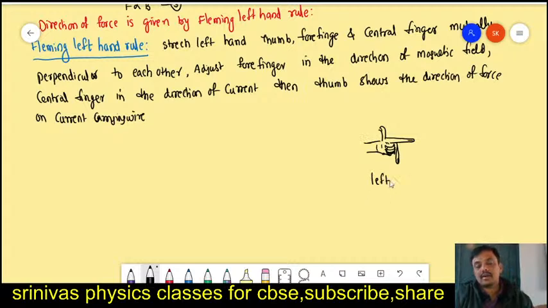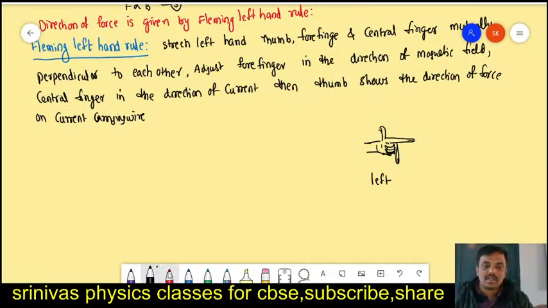You have to stretch like this: left hand, forefinger, central finger, thumb. They should be mutually perpendicular to each other. You can move with the wrist, but you should not move the fingers. All are perpendicular to each other.